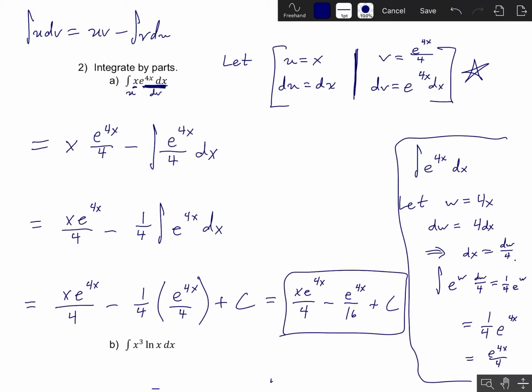And if you wanted to check your answer here, then what you would do is you would take the thing in the box and you would take its derivative, and you would hope that that matches x times e to the 4x. Because the antiderivative of x times e to the 4x should differentiate to give you x times e to the 4x. So if you take the derivative of this thing, you can check that it actually is x times e to the 4x, and that means we've successfully integrated what we wanted to.